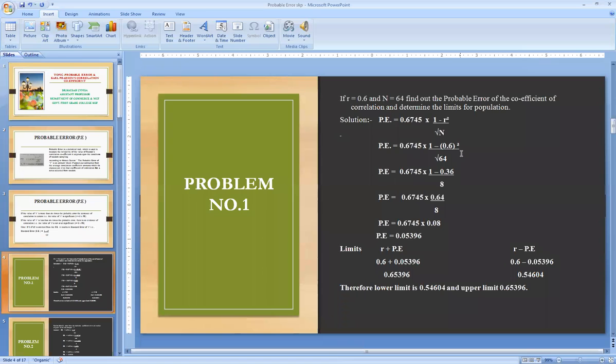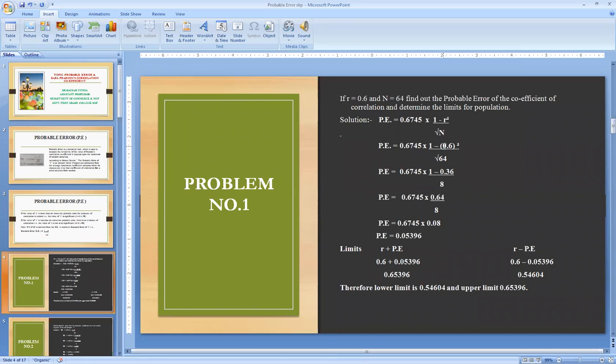First we should substitute the values in the formula. We know that probable error is nothing but 0.6745 into 1 minus r square divided by square root of n. So r is nothing but the correlation value, n is nothing but the number of items given in the question. So PE equals 0.6745 into 1 minus, in the question they have given the correlation value as plus 0.6.